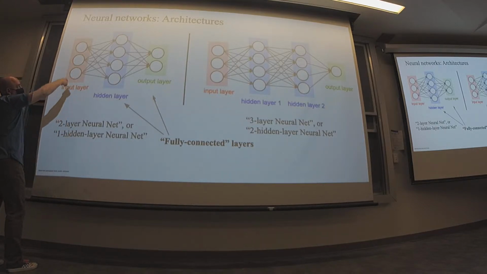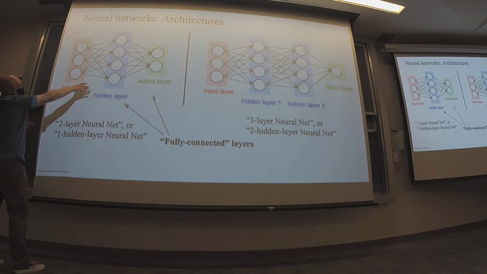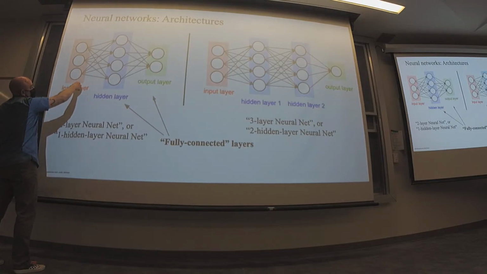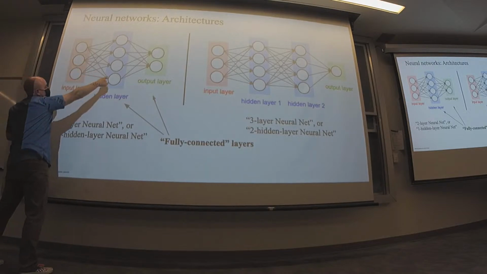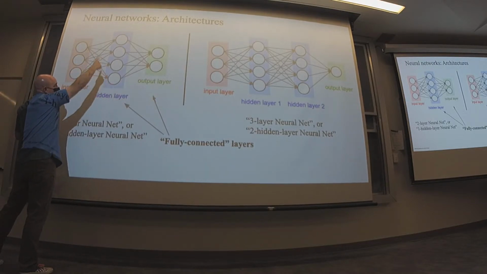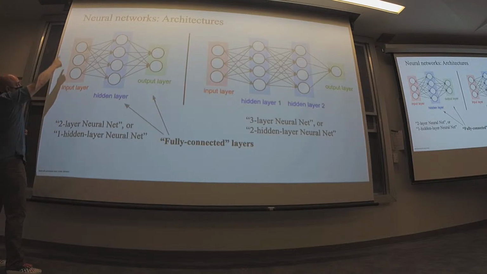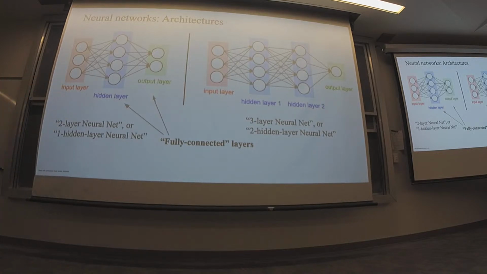In a fully connected network, the matrix that goes here always has row dimension the number of outputs, and column dimension the number of inputs, right? And that's what determines the number of dimensions.